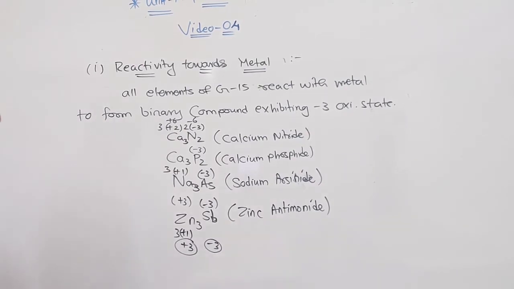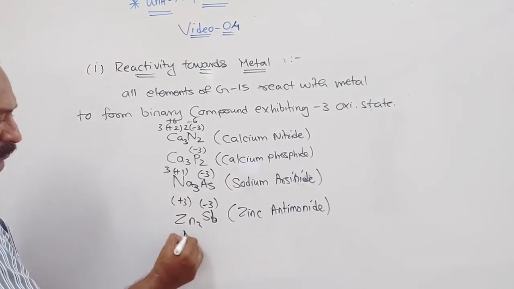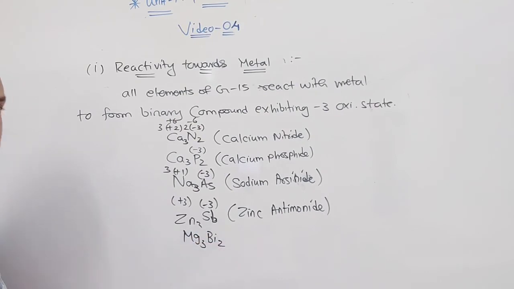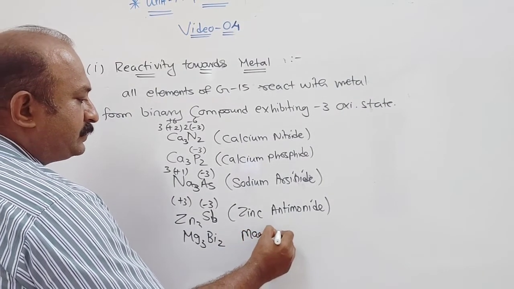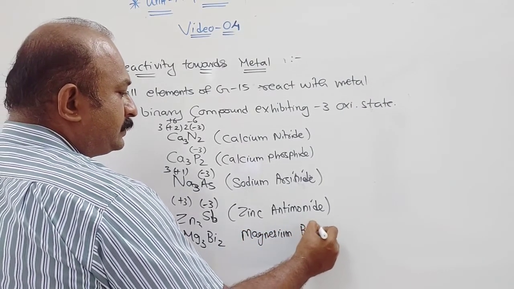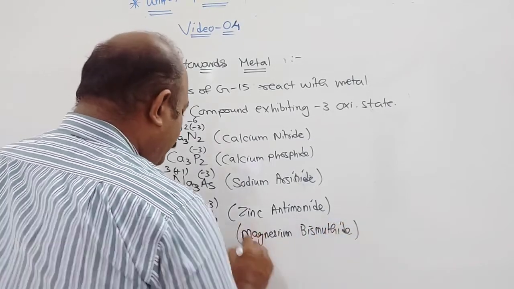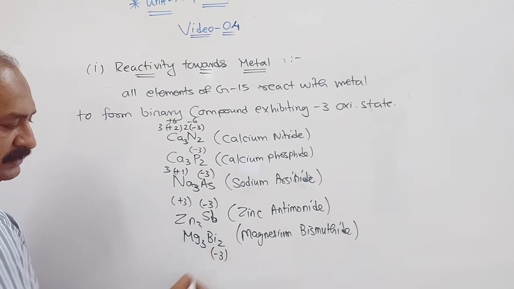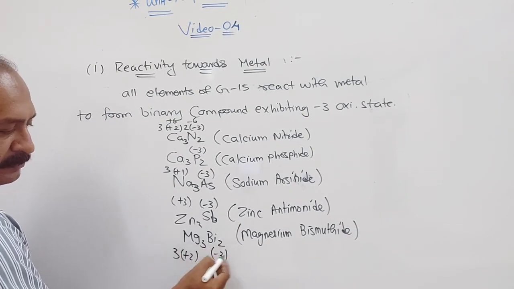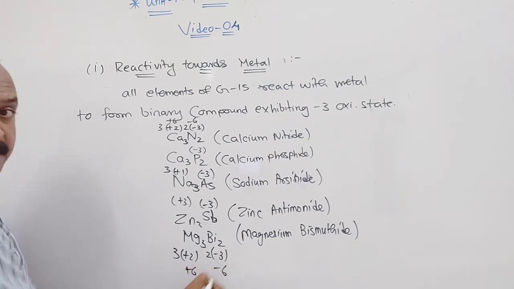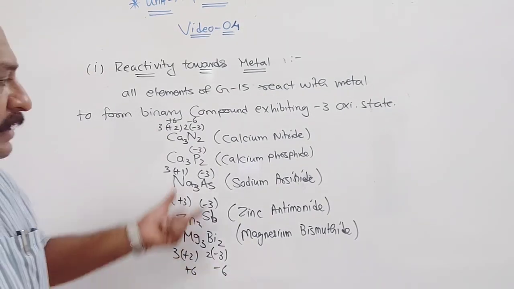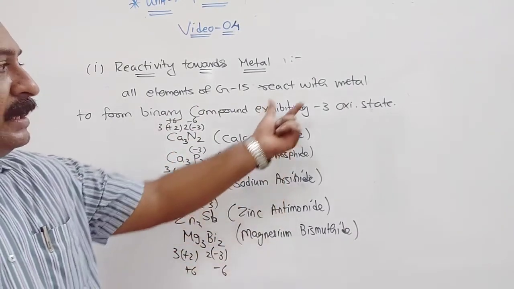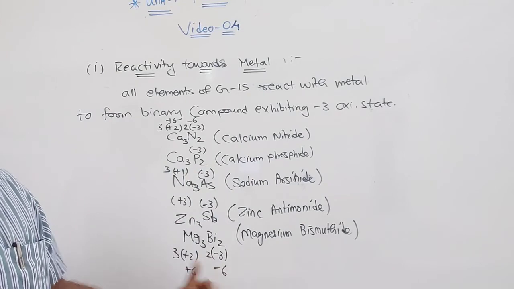One more example given in the textbook is magnesium bismuthide, Mg3Bi2. Here bismuth is -3 and magnesium +2 into 3 and bismuth -3 into 2, so +6 and -6, and the total oxidation state is 0. So these are the binary compounds exhibiting -3 oxidation state of group 15 elements.